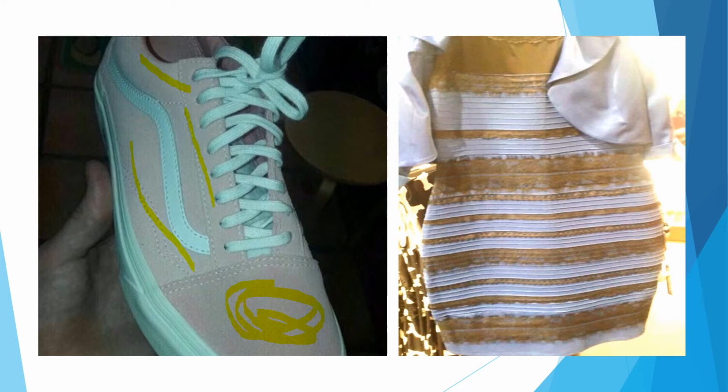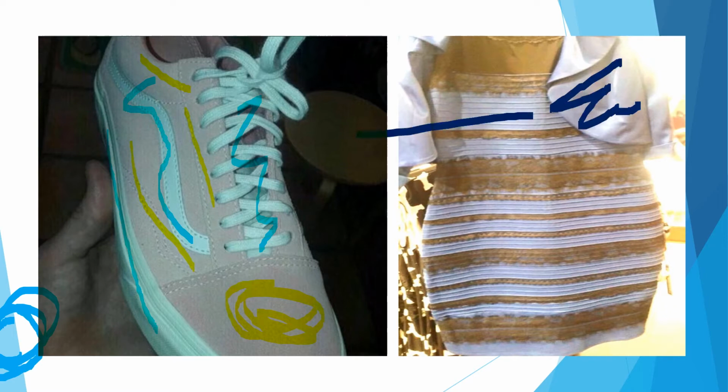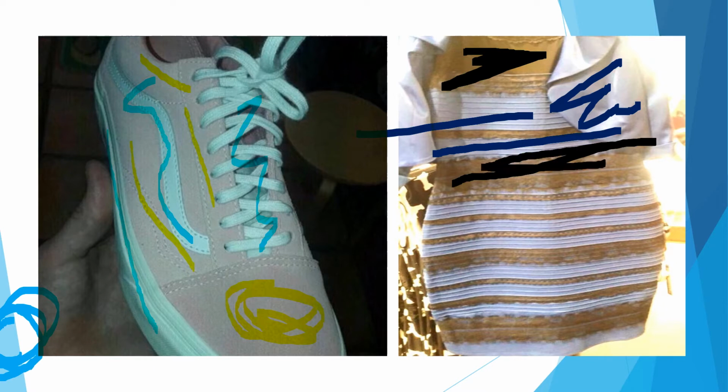The rest of the material, the trim around the side and the laces, are a baby blue, not too dissimilar from this PowerPoint shade here. On the right, the dress, I see blue and black. We've got lots of blue going across, and then these top bits up here, in my interpretation, are black. Some of you will share that view. Some of you will see different colours. My other half, for example, sees pink and white on the trainer.